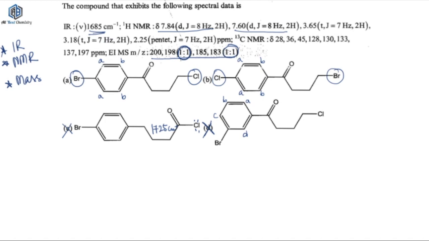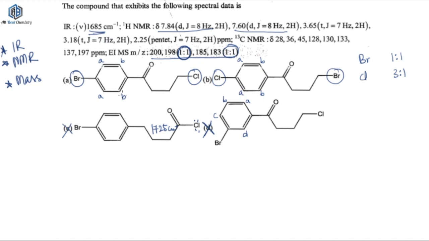Now if you have a ratio of 1 to 1 and you have halogen in the compound, you should know this: if you have bromine in the molecule, you have an intensity ratio of 1 to 1. If you have chlorine in the molecule, then you have an intensity ratio of 3 to 1. So this is something you should remember.